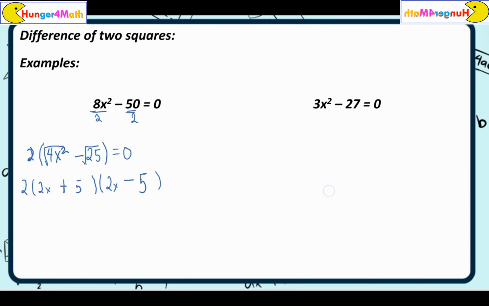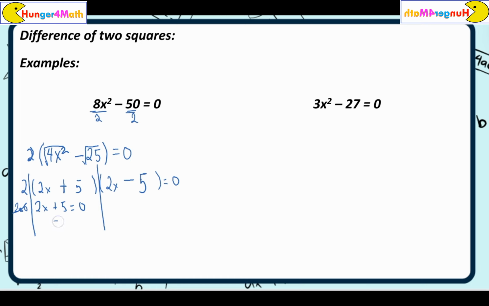Then equal to 0. Then again we're going to split all the factors and equate each to 0. So 2 equals 0, we're not going to consider that because there's no x in the 2. Then moving on to the next factor, 2x plus 5 is equal to 0.